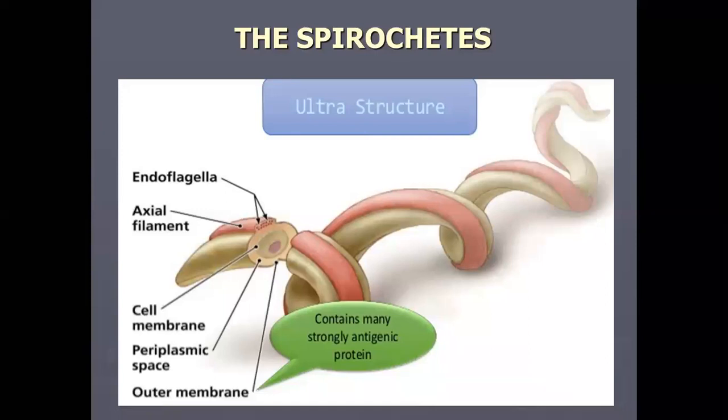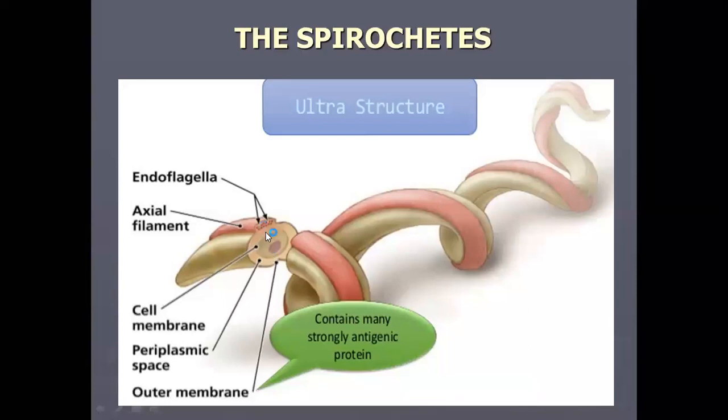This is what we call the axial filament, or the endoflagella. The axial filament, which you see in pink in this case, runs across the entire body of the spirochete and is enclosed in a sheath. That's why we call it the endoflagella: the flagellum of the spirochete is enclosed in a sheath and runs across the spirals of the body.